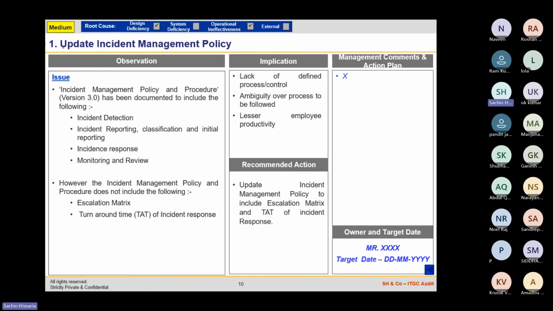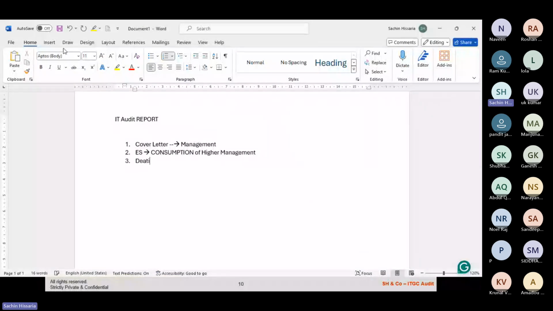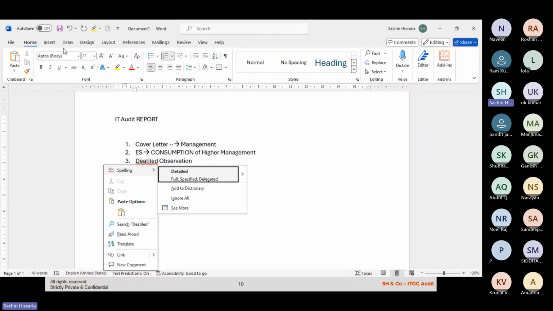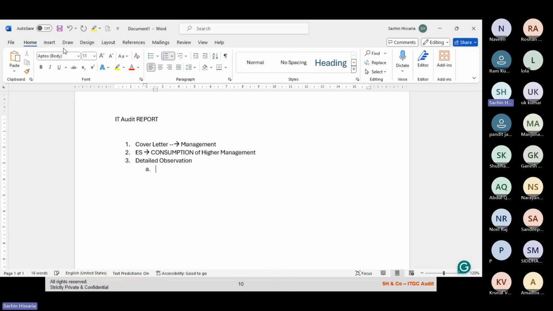Now, this is a very important thing. Okay. This is a very important thing. We are going to discuss how to write a detailed observation. Now, the detailed observation will include what, guys? It will include the observation. Okay. It will include the risk. Okay. It will include the recommendation.